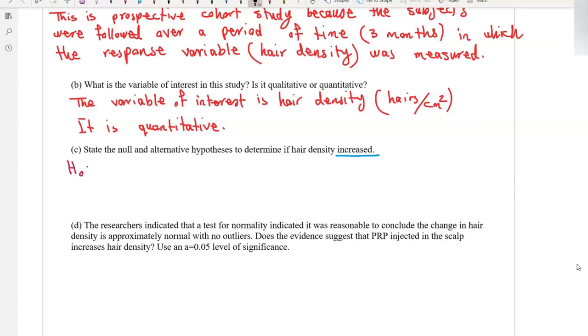So first the null: mean difference is equal to 0, and then the alternative: mean difference is greater than 0, because what is given is increased.